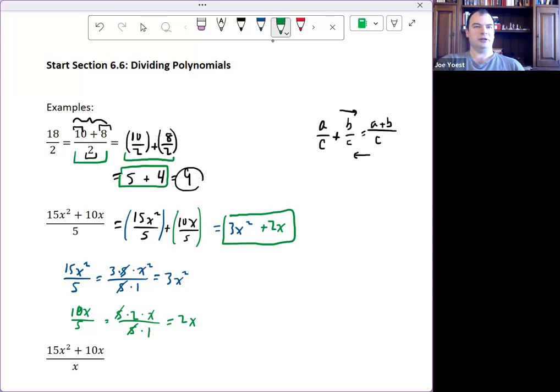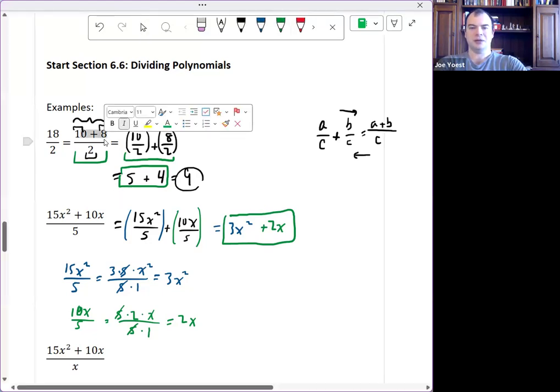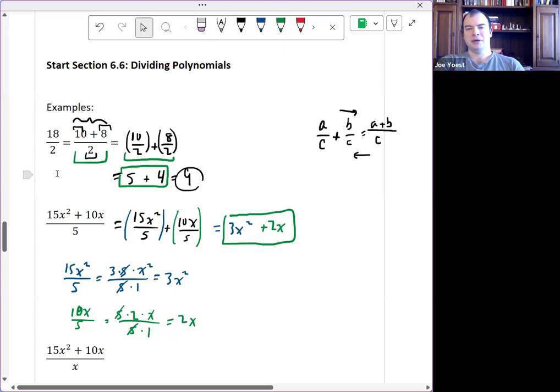So even though we have a polynomial in the numerator, the operations that we're doing feel pretty similar to what we would do if we just had constant terms like this. And if we decided to divide them or to simplify things in this manner, which maybe is a little silly, we normally go the other way and simplify 18 halves directly to 9. But if we went this kind of longer way around, there's nothing objectively wrong with that.